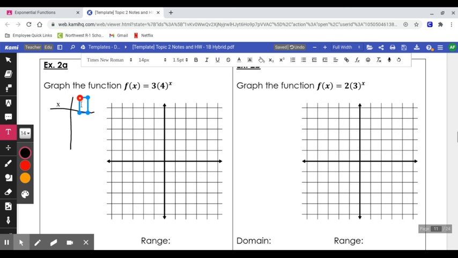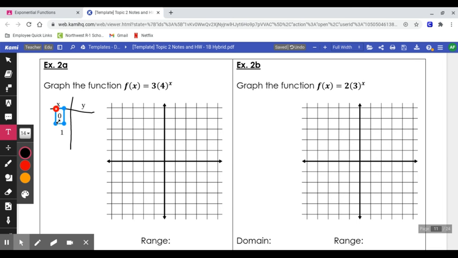X, Y. And again, you can choose any numbers you want here for X, but I suggest that we choose 0 and 1. Okay, so what you're doing is you're plugging this 0 in for X.